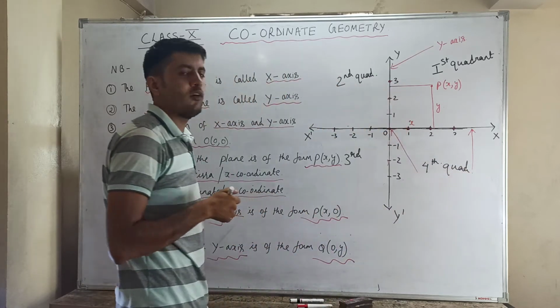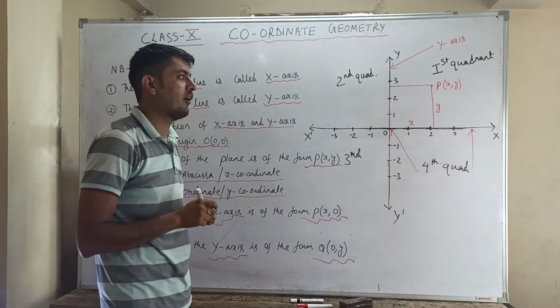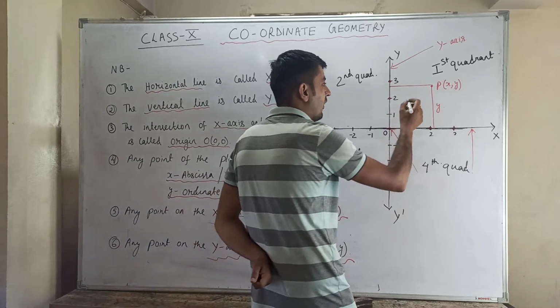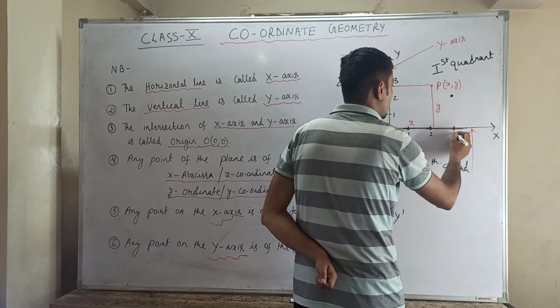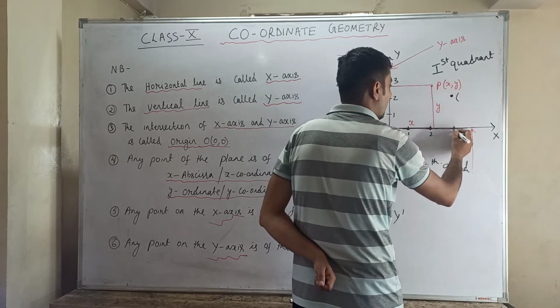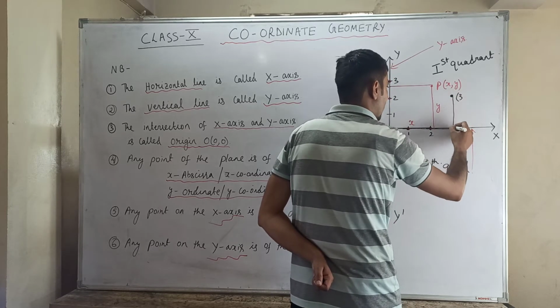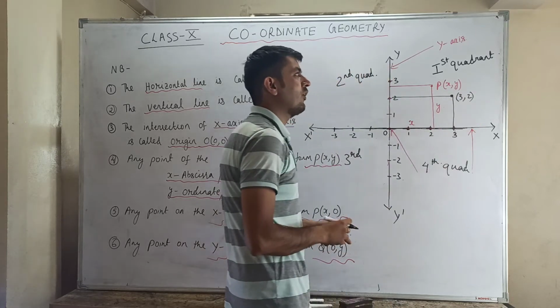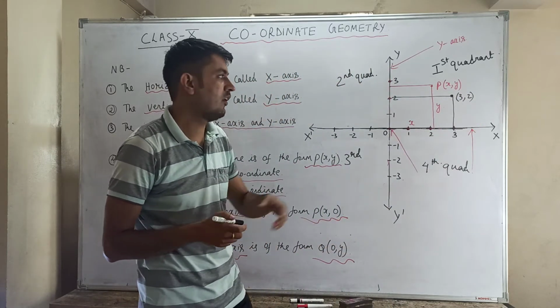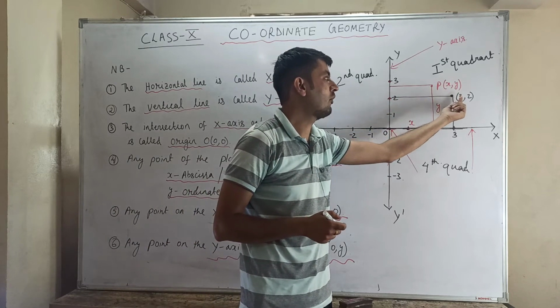Now, how to write down the points in your first quadrant? Suppose I have to plot this point here. How do you plot this point? First you take the x coordinate 3, like this, and then y. So (3, 2). As you can see in your first quadrant, both the coordinates are positive.